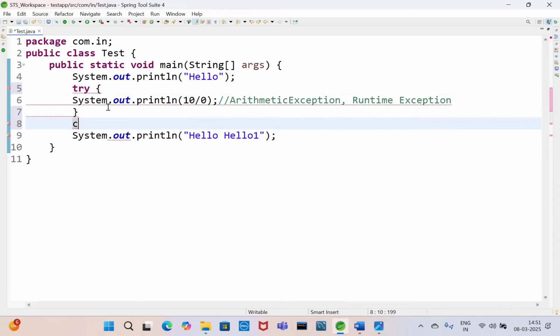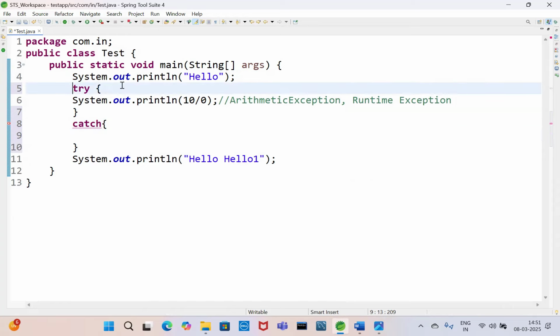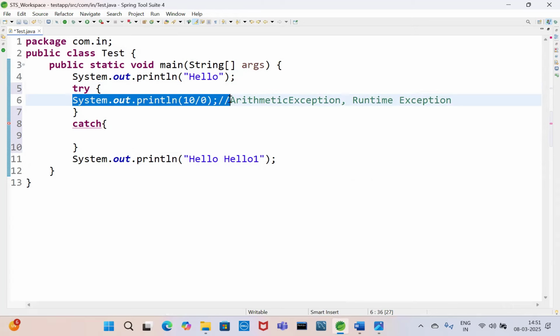Where do we need to place this try? Tell me where we need to place this. Wherever an exception will be raised, those lines of code must be placed in the try block. See what is try? You can place only risky code inside the try block.